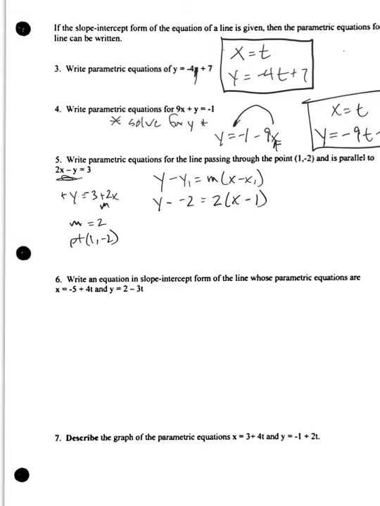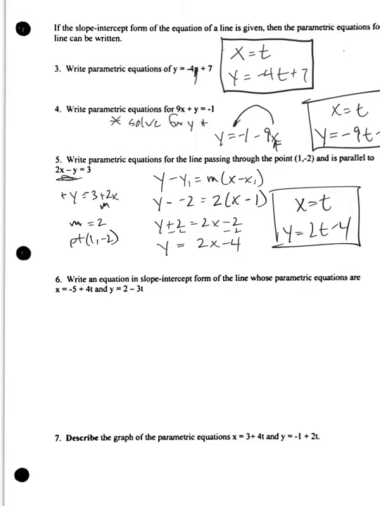Then all we have to do is get this solved for y, because that's how we want the parametric equation to be. So we have y plus 2 is equal to 2x minus 2, and when we subtract a 2 here, we get y equals 2x minus 4. So the parametric equations: x equals t, there it is again, and y equals 2t minus 4. It has to be x equals and y equals.